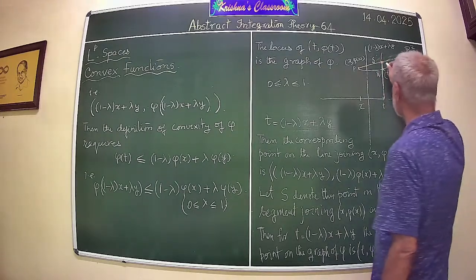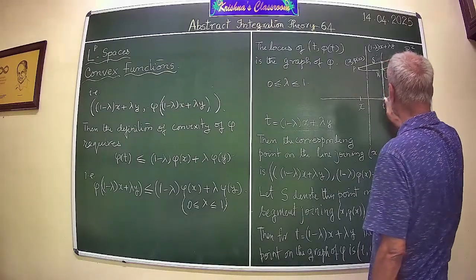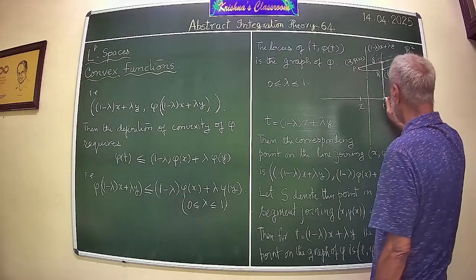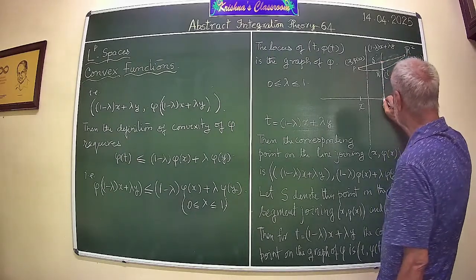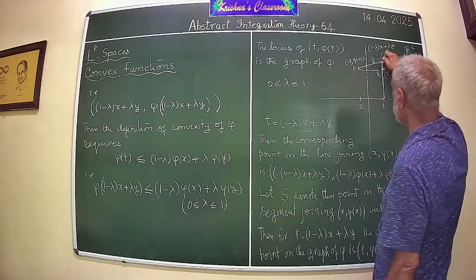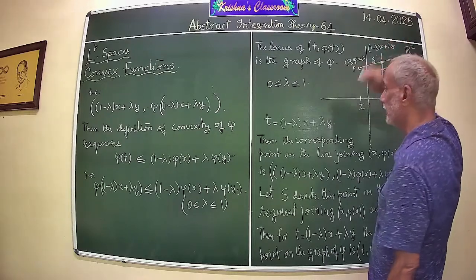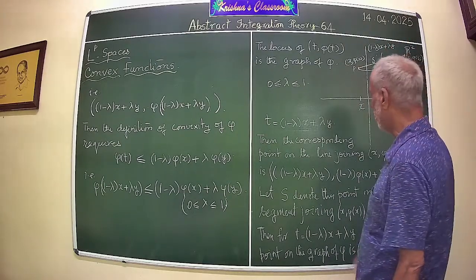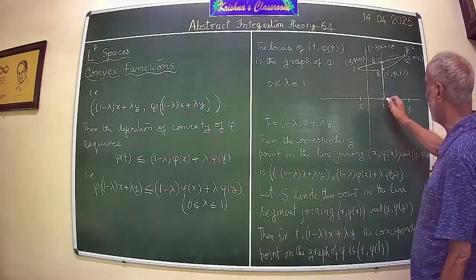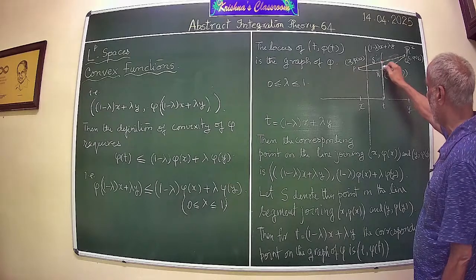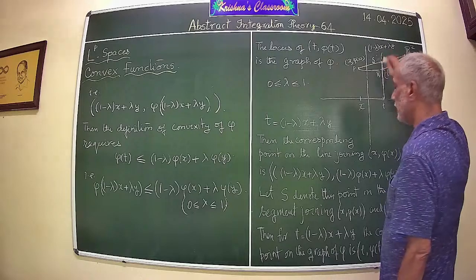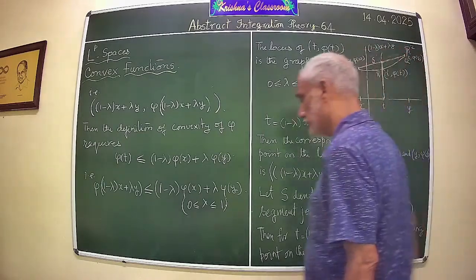Now this height, so if we designate t by 1 minus lambda x plus lambda y, then the point S is essentially 1 minus lambda phi x plus lambda phi y. So what the definition says is that the point R is straight away below the point S along the same vertical line.